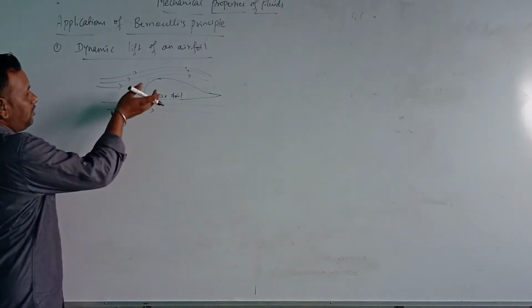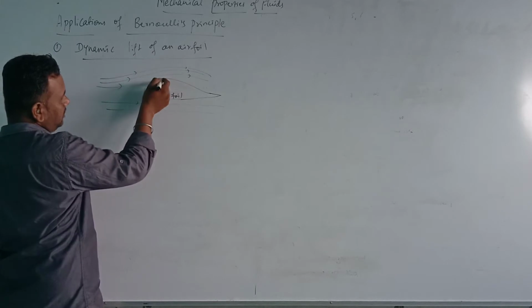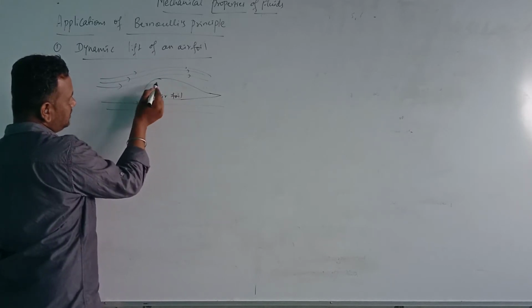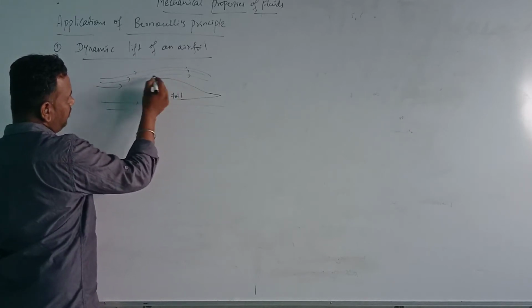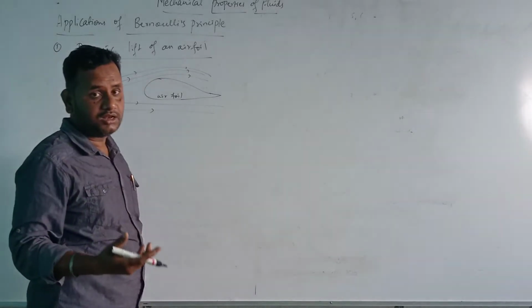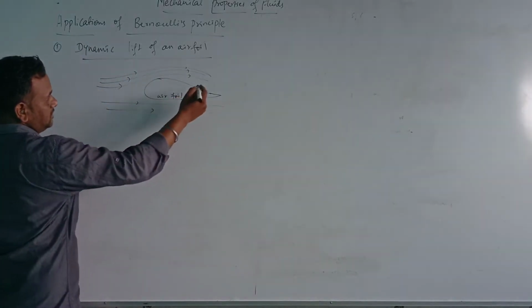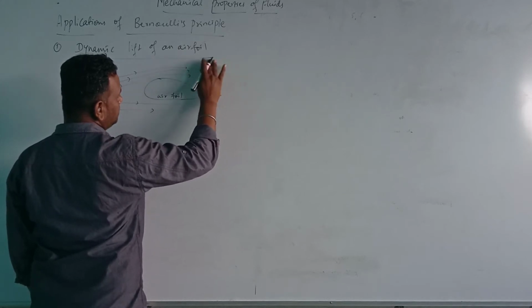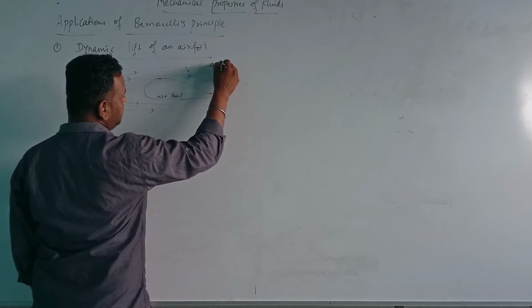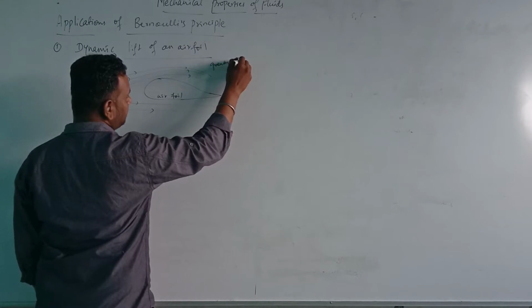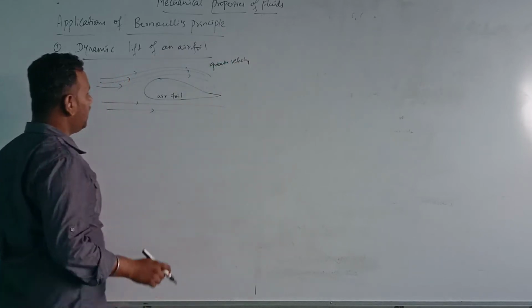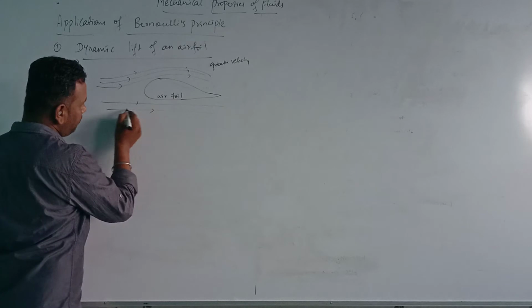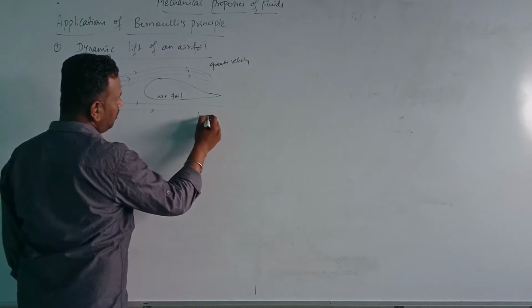The air above the airfoil has a greater velocity, and the air below the airfoil has a low velocity.